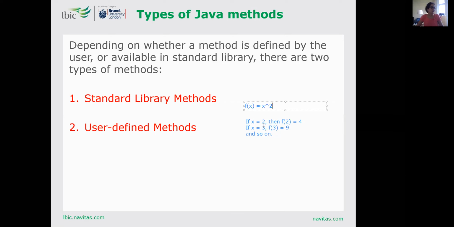So is that correct? For example, if x is 2, then f(2) is going to be 4. If x is 3, then f(3) is going to be 9. So this is a sample for you to understand why we are using functions.